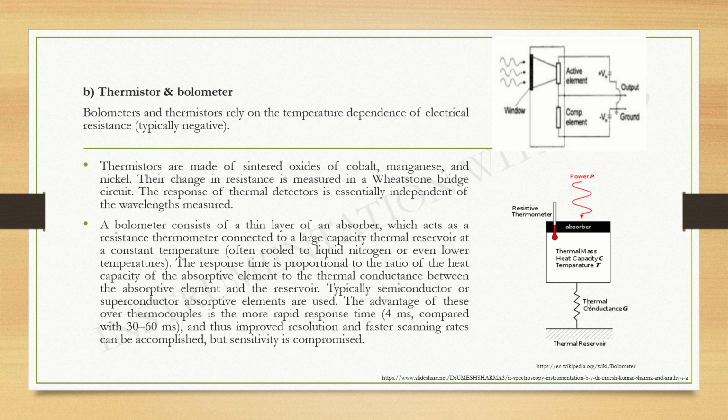The response time is basically proportional to the ratio of the heat capacity of the absorptive element used in the absorber. Here also the change in the resistance is measured using a Wheatstone bridge. So both thermistor and bolometer work on the principle of the Wheatstone bridge.